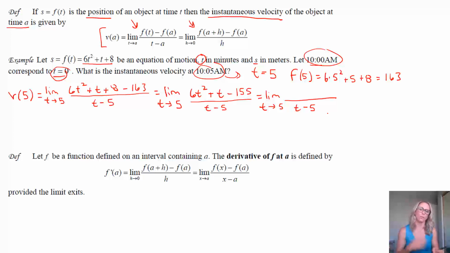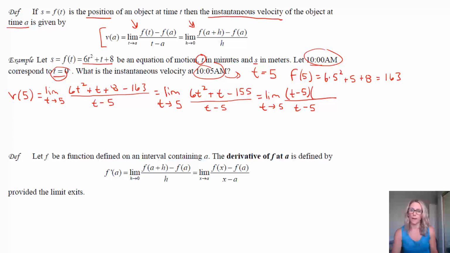Because you have a polynomial divided by a binomial, the 0 over 0 means that you have some sort of hole that you need to get rid of. The best guess here would be that I need to get rid of that t minus 5 or I'm not going to be able to take this limit. So I'm going to guess that there is a factor of t minus 5 in my numerator.